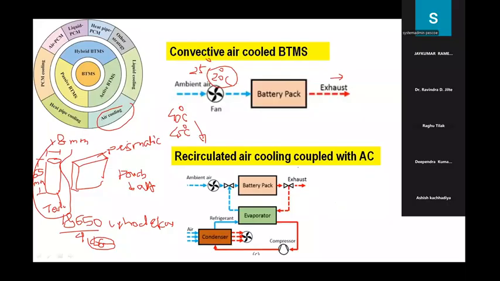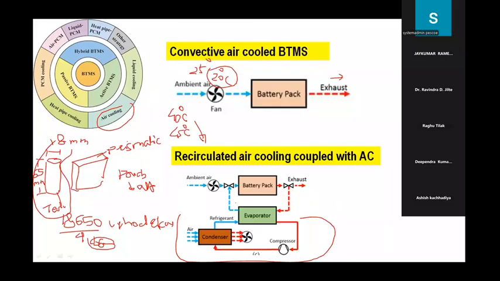But if you design a battery thermal management system for a location or for extreme summer conditions where the ambient temperature itself is very high, in that case, we utilize the conventional car AC, and in the conventional car AC, you can find the component called the evaporator.